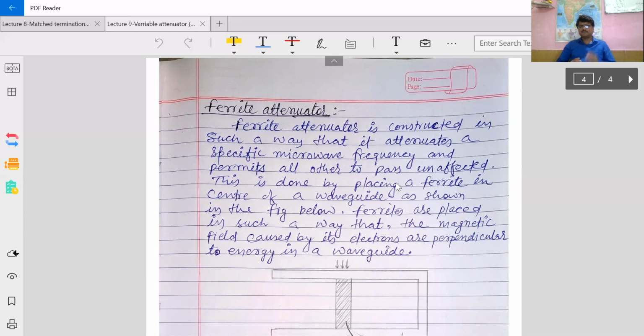If we give the electric field here, after reaching the output it will be tilted by some angle. So this is the phase shift, the phase will be shifted. How the phase shifter works and how it may be constructed, we'll see in the next lecture. So thank you very much.